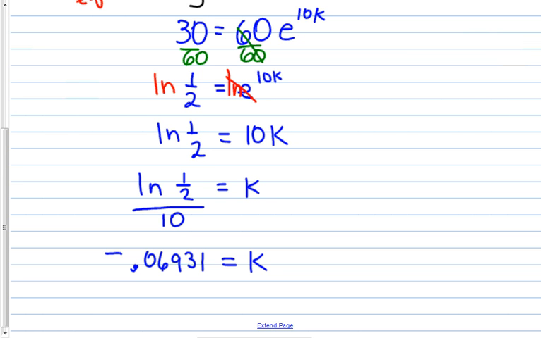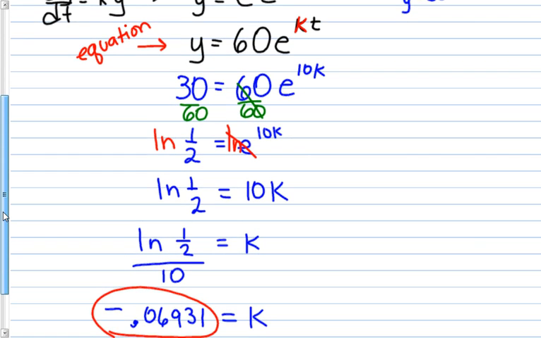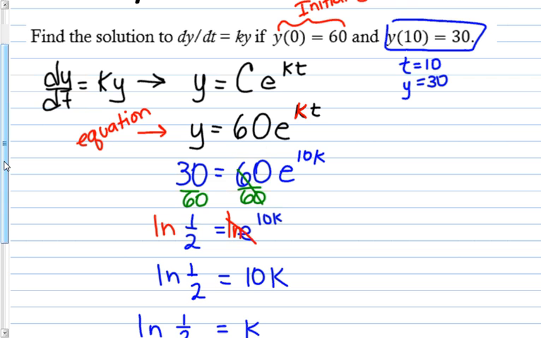Now, k is negative. So what's happening here? This is an exponential decay. But anyway, this is what I was looking for, and that's the only thing I need to complete my equation. So I'd go back, and remember this right here was supposed to be my equation, but I was missing k.